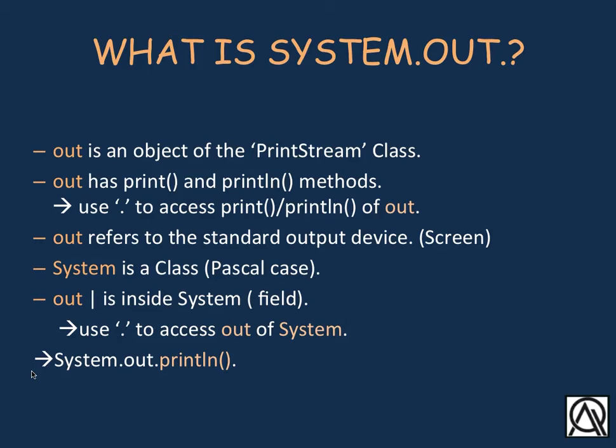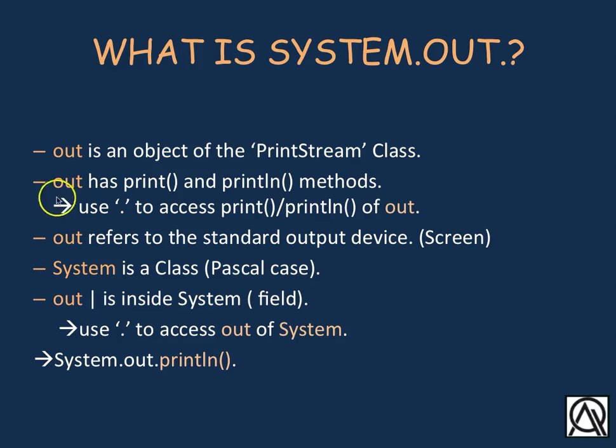So this class over here contains some methods, and when we create objects from this class, these objects also contain some methods. So when you want to have access to print and println methods of an out object, you will use the dot operator.